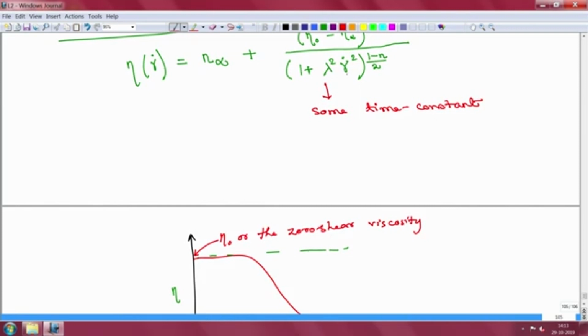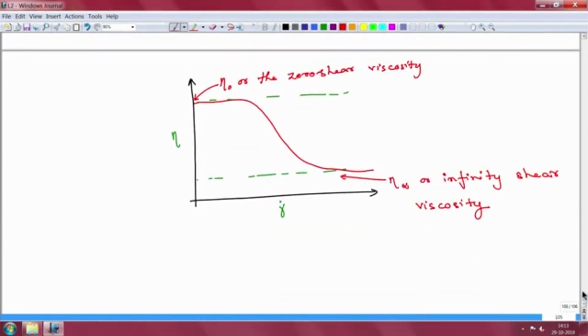Gamma dot is the shear rate, and then you have a parameter n. This parameter n governs the shear thinning phenomenon.